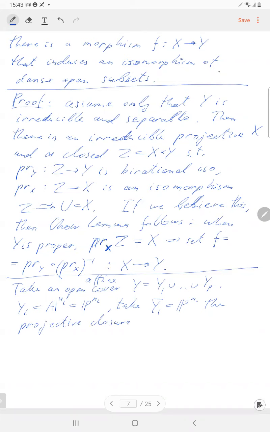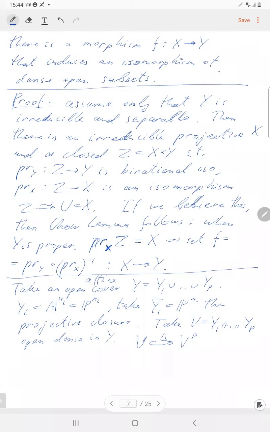Okay. And now take the open subset V, that is the intersection of all those, Y1 and so on, Yp. It's open and dense in Y, since Y was assumed to be irreducible. And then this open subset is embedded into its p-th power as a diagonal, V into V^p.